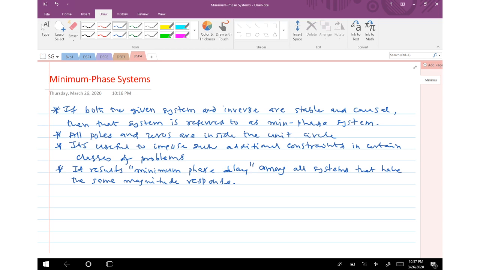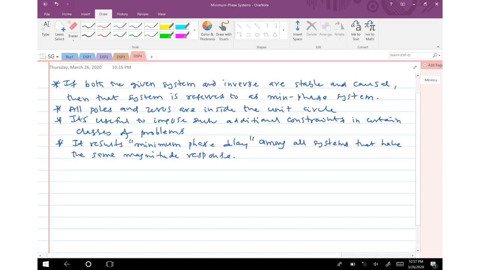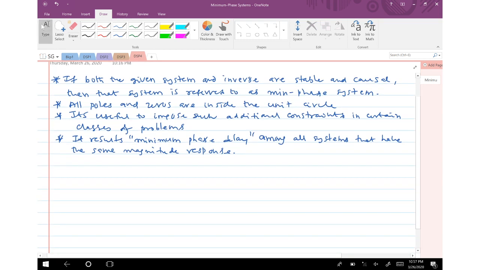To be more precise we should call them minimum phase delay systems, but it's common to call them minimum phase systems. We will not go into the exact details of why they result in minimum phase delay, we just see it at this point as a property of them.